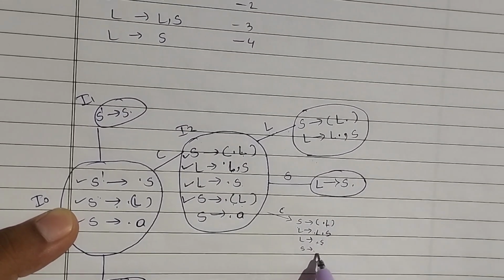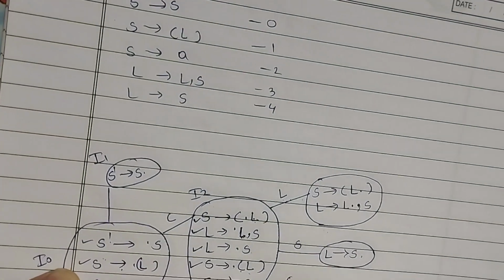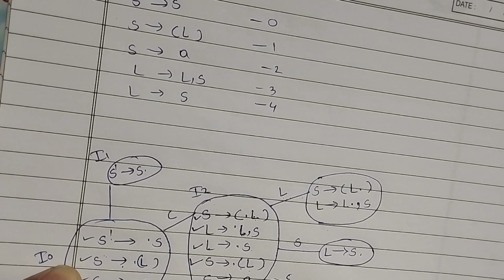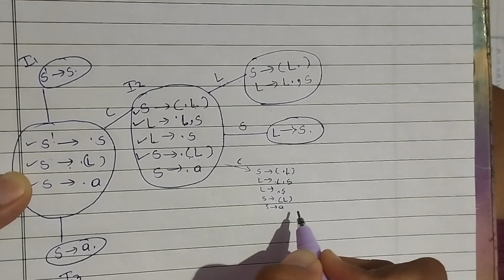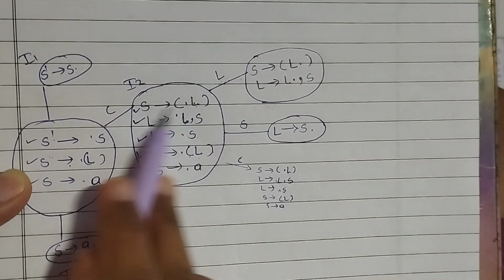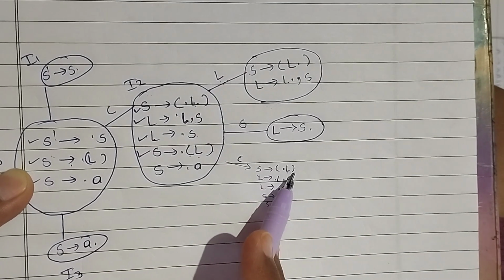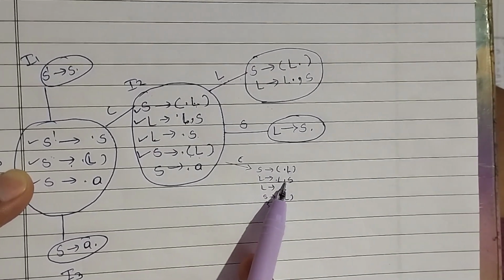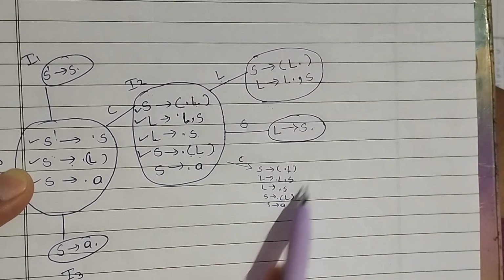Let me show you why I am telling this. S → (L), and one more, S → A. So it is the same as this I2 state: S → (·L), L → ·L, S, L → ·S. We get the same state here.